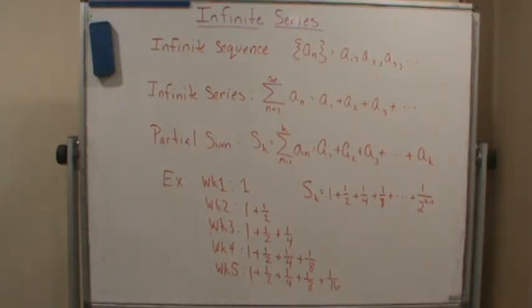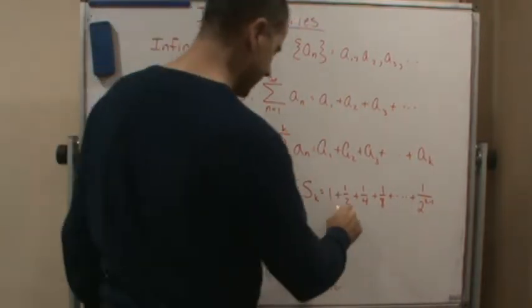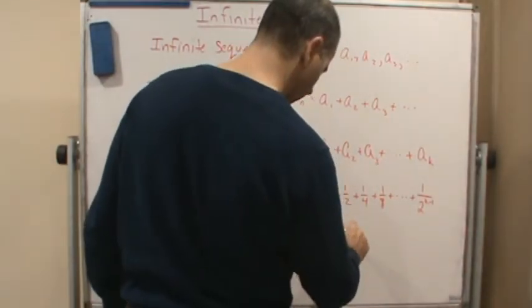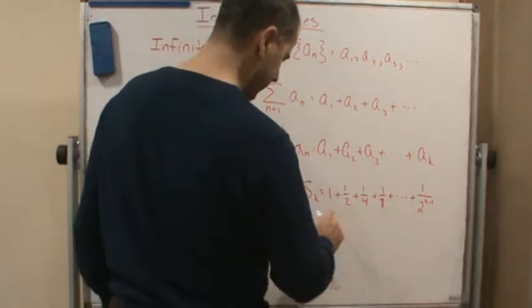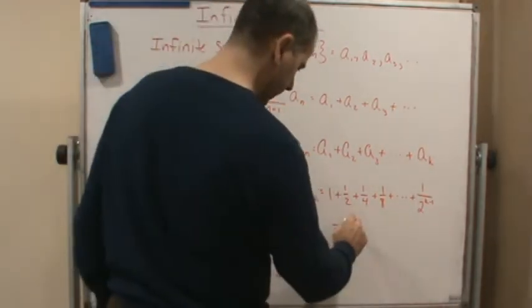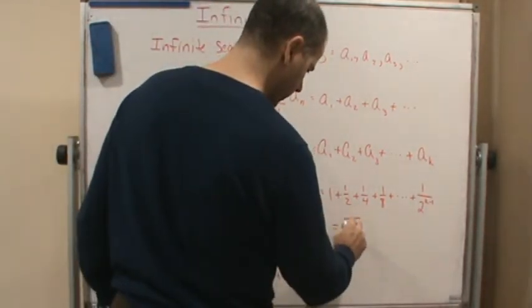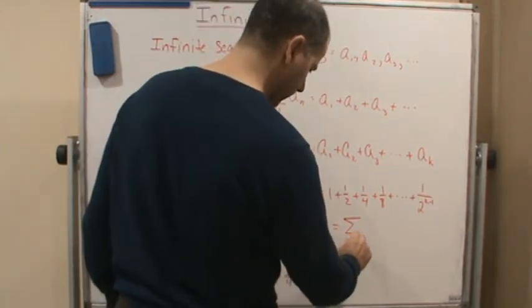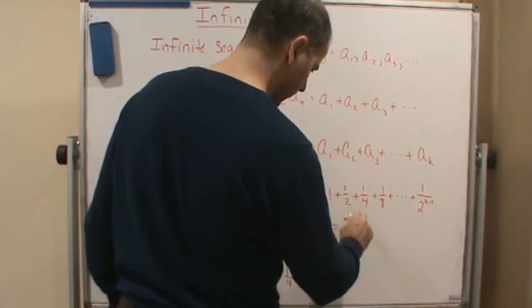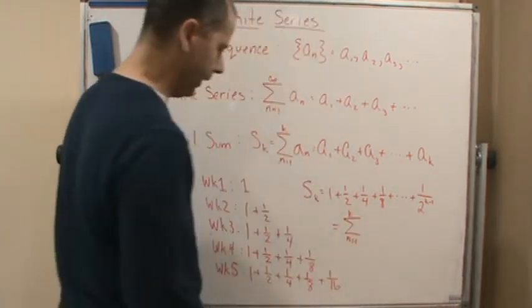So now, what does this equal? Well, this partial sum can be written as a sum. We can write this as a sum from n equals 1 to K of what?